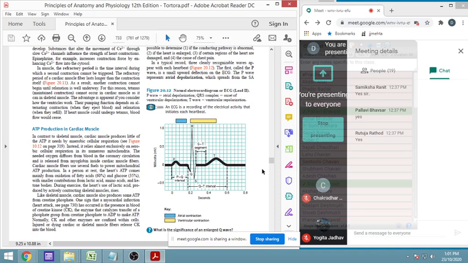So this is the normal ECG. If the beats are more than or less than the normal, then you will find the changes, because this was for 1 minute and 72 beats per minute. But when it is much more than that or less than that, then it will show as an arrhythmia.